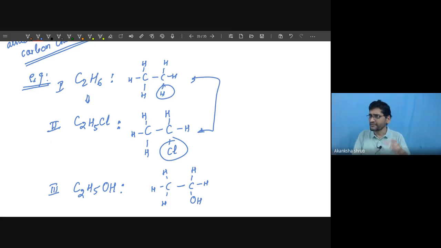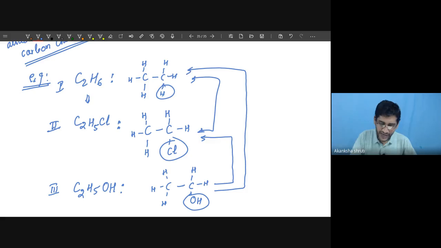OH is a group of atoms which will always stay linked. You cannot separate this O and H. In this case you will find that this OH-containing compound is also entirely different from the second, the chlorine one. So what makes this difference? From 1 to 2, we are getting this chlorine, Cl. This atom is the deciding factor. So this Cl.